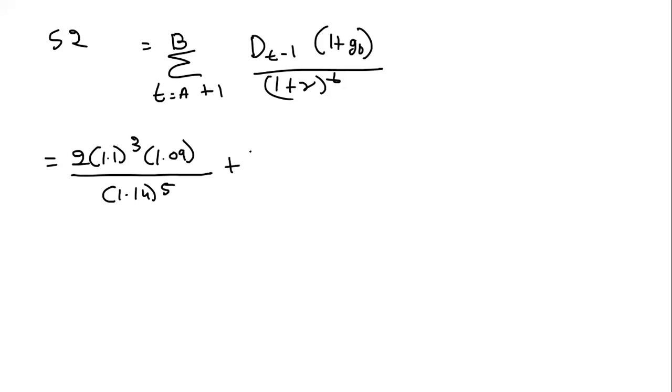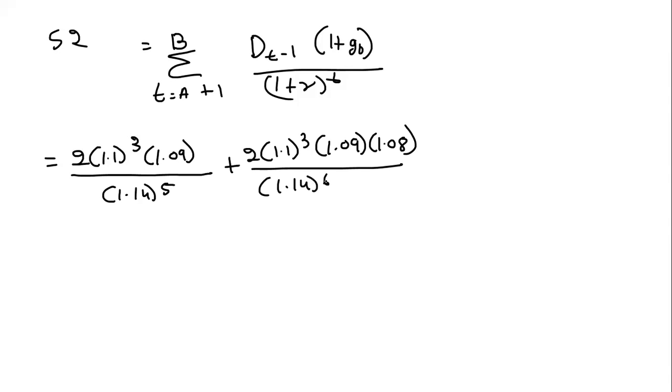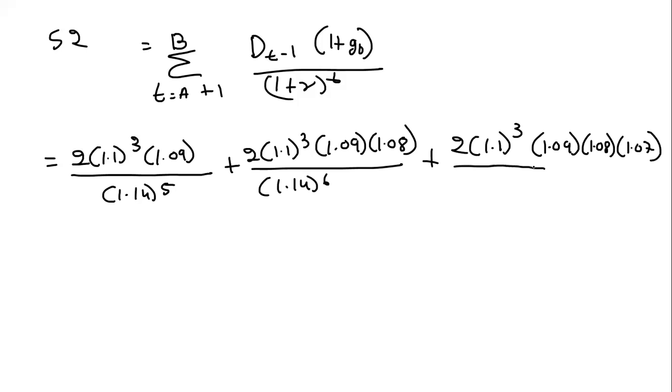So plus 2 into 1.1 cubed and here 1.09 and 1.08, divided by 1.14 to the 6, plus 2 into 1.1 raised to 3 and 1.09 into 1.08 into 1.07, because it is continuously declining for 3 years, divided by 1.14 to the 7.